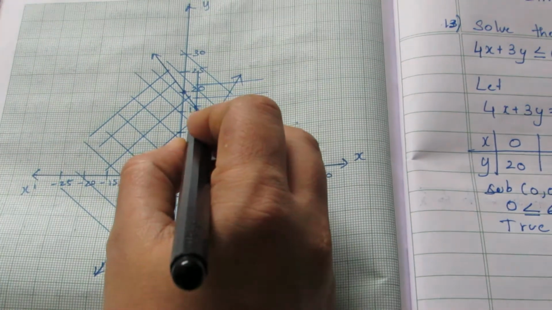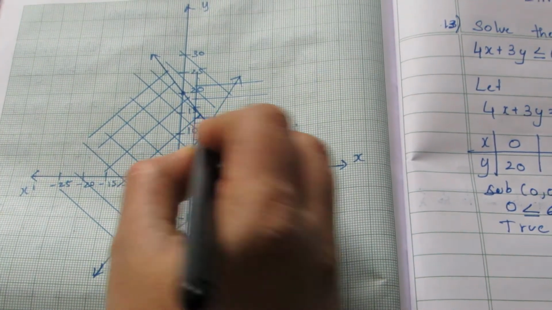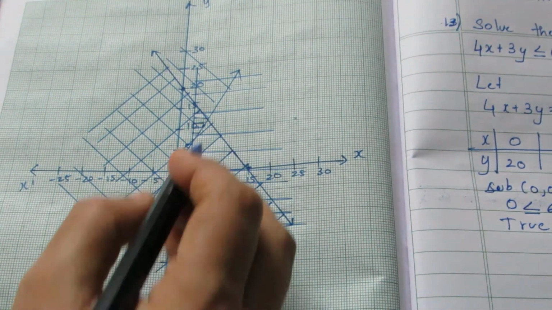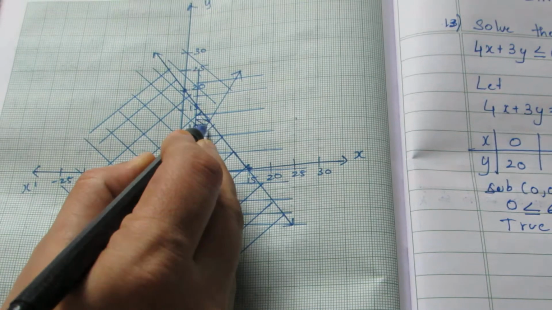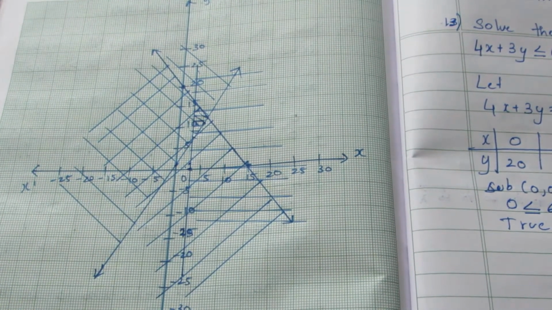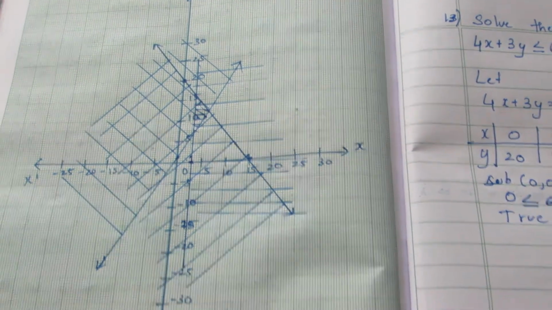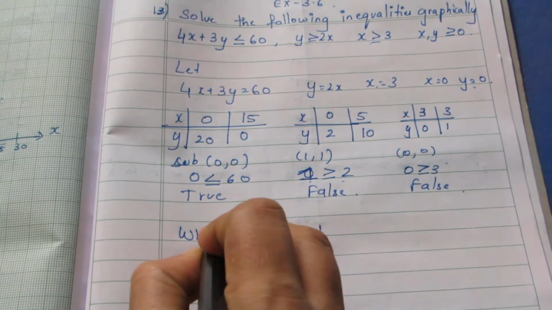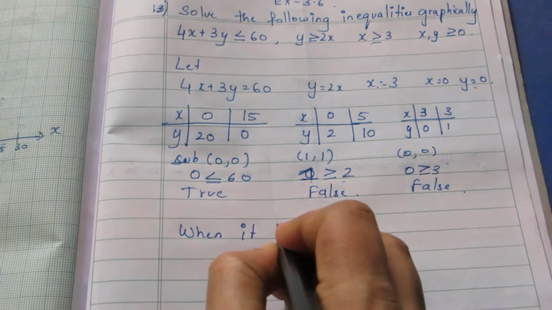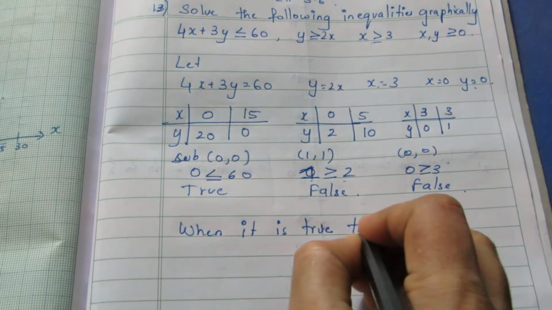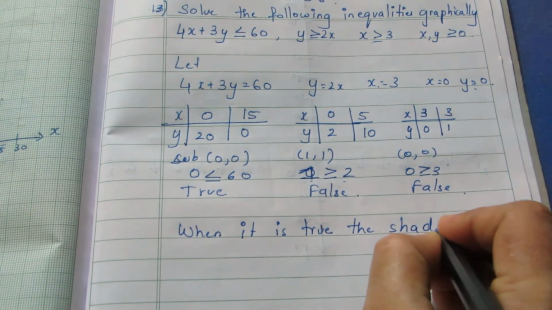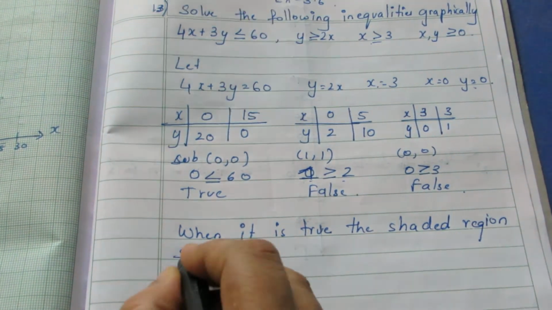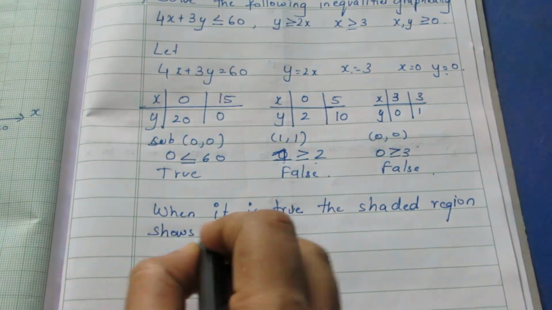These are the common region where all of them meet. So we can write, when it is true, the shaded region should be towards the point.